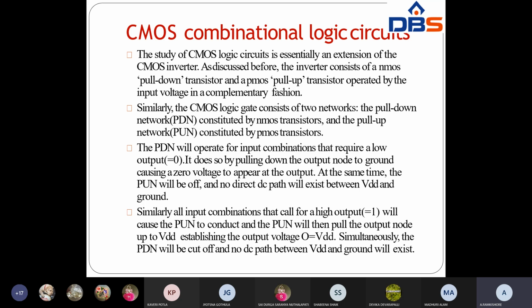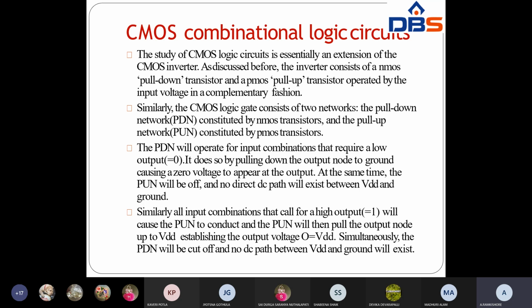Combinational logic circuits are implemented in so many applications in the electronics industry. Wherever we have an electronic chip, we must place a CMOS circuit.